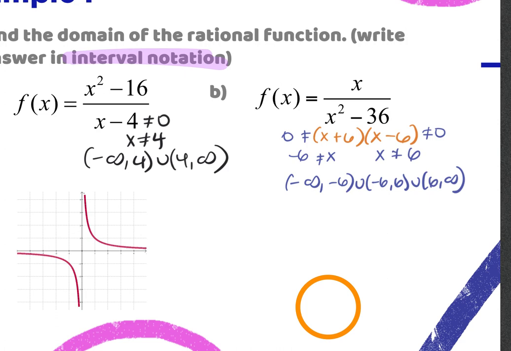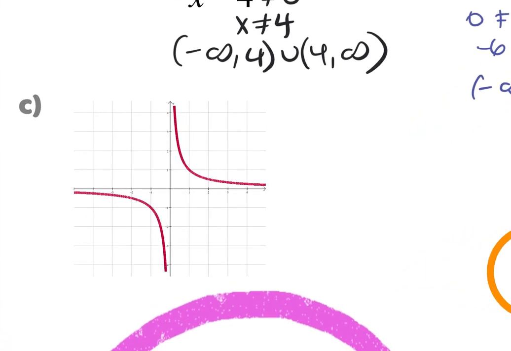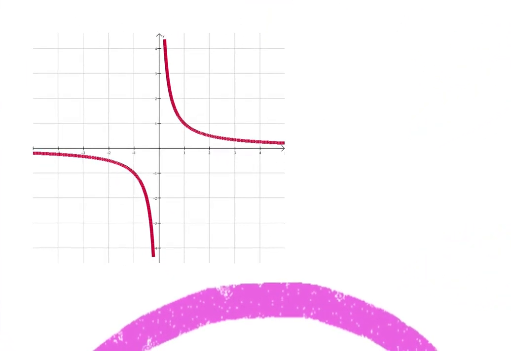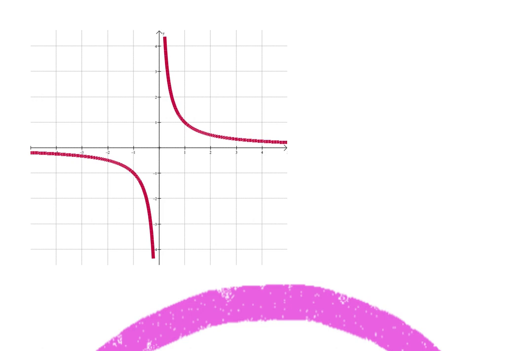All right, then go to C. So C is our graph. Remember that your domain is left to right values. So where these arrows would point in all these directions, it would start with an arrow, which means negative infinity. It comes to this point and it gets close to, without touching, 0. And then there's a break in my graph. So in interval notation, that would be negative infinity to 0.